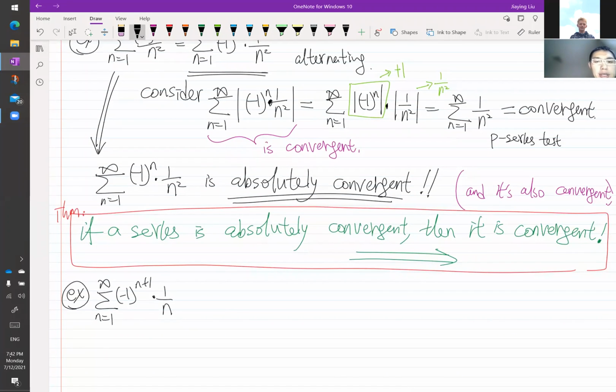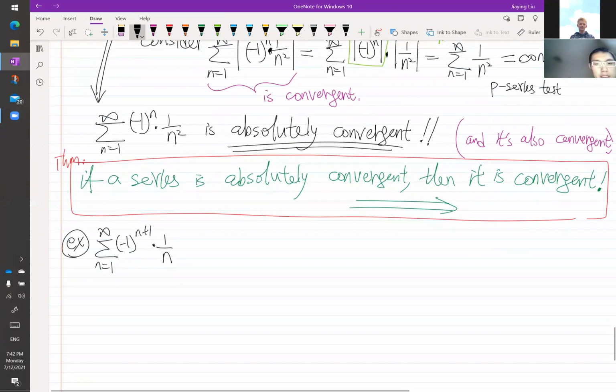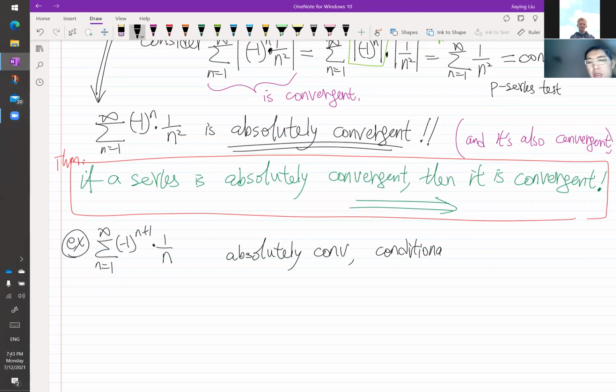And for this one, I want to know if it's absolutely convergent. Or maybe it's not absolutely convergent, but is it conditionally convergent? Or maybe it's not conditionally convergent. Maybe it's just divergent.